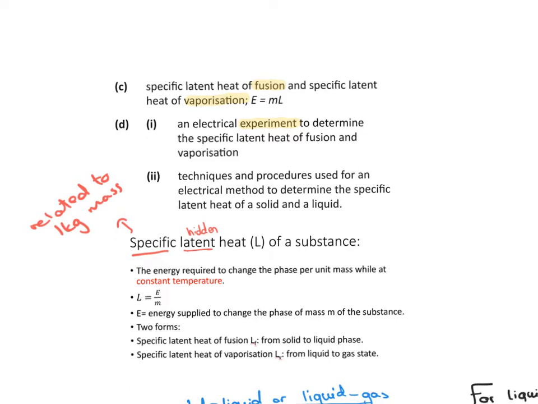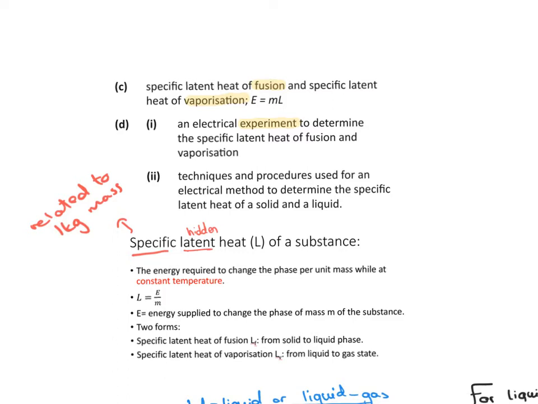So firstly, what is specific latent heat? Firstly, we look at what the actual words mean. Specific refers to 1 kilogram of mass, so that's what we mean by specific.